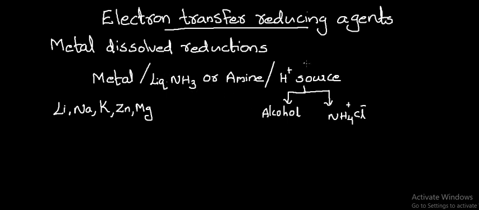Then it requires a proton source, either alcohols or ammonium chloride. If a proton source is not given, ammonia or amine acts as a proton source. So this is the necessary condition for metal dissolved reductions.